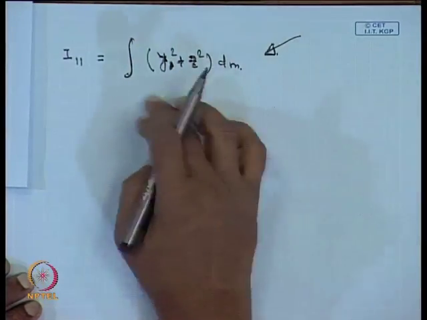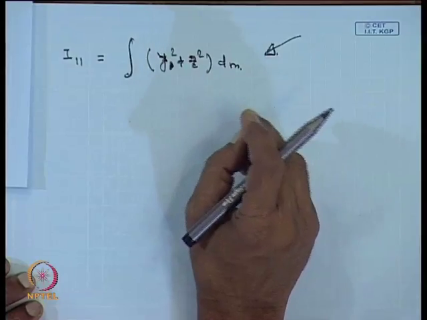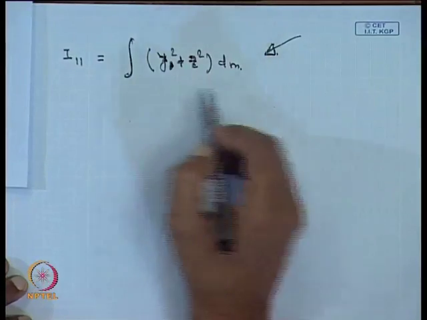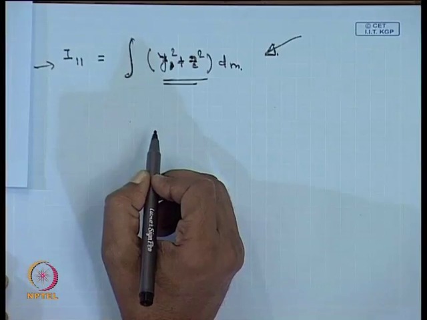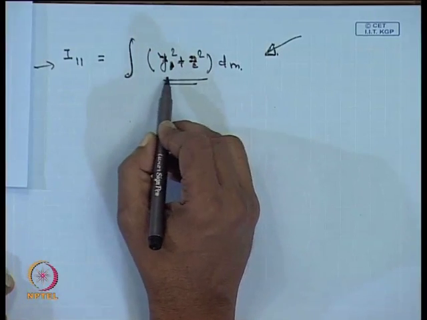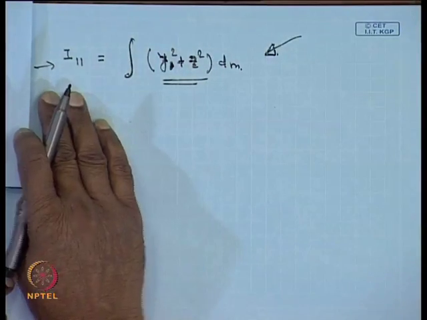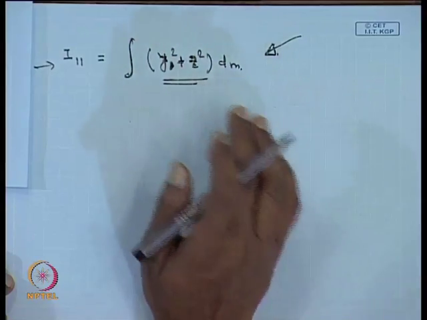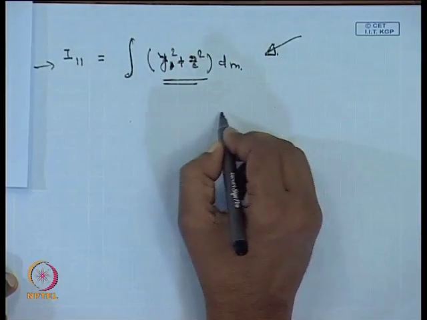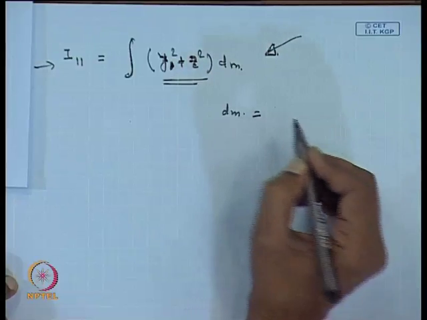We have still not developed how in the angular momentum equation this term comes, but the I 11 term can be written as this. So, let us take it for granted that this term is written in this fashion.